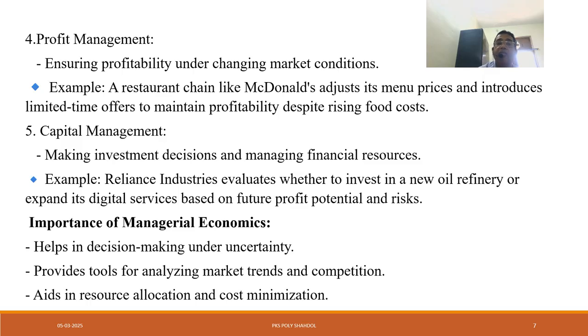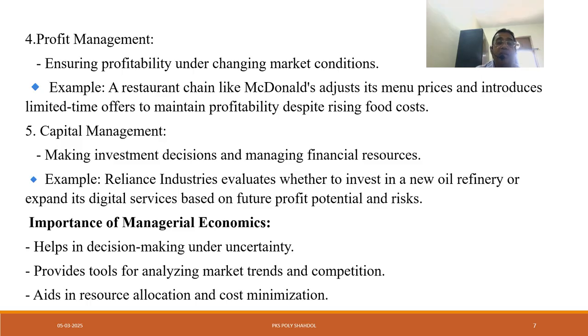So they have to decide in which they get more profit, then they will decide where their capital is invested, either in refinery or telecommunication or digital services.